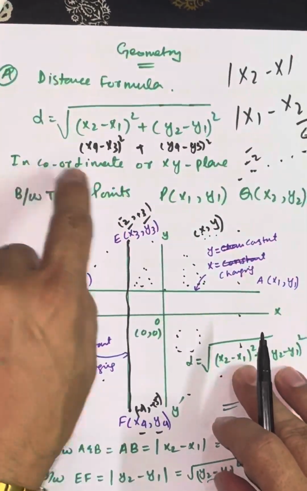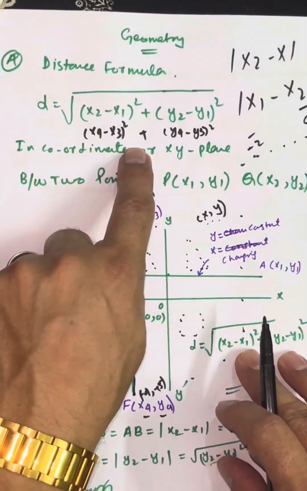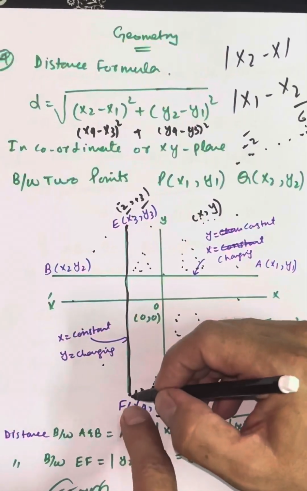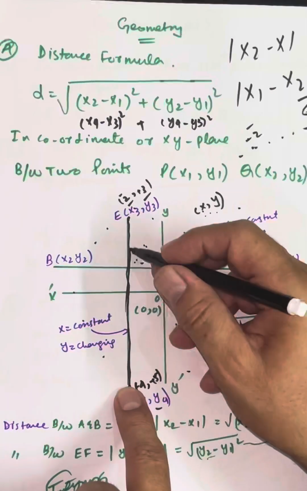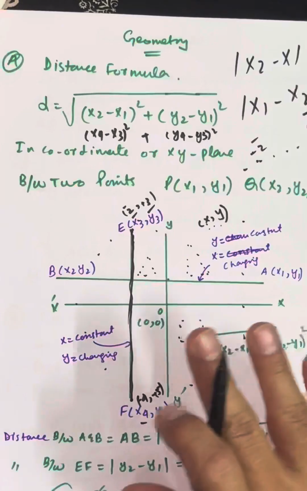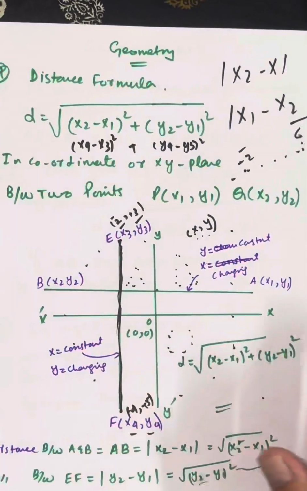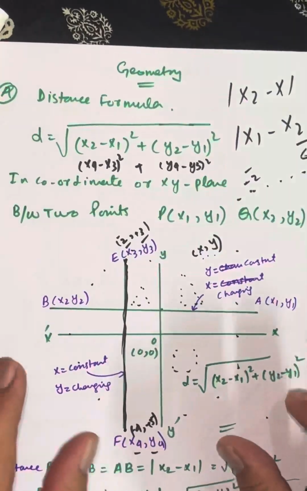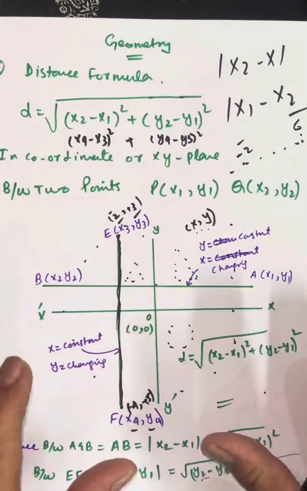When you solve this distance formula, it will give you this distance. So this is called the xy plane coordinate system to find out the distance between 2 points.